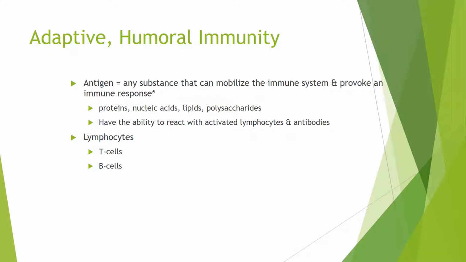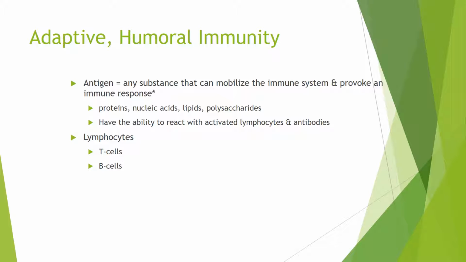Regarding the humoral immunity, what the body is looking for are different antigens. Antigens are something foreign to the blood or other bodily fluid that will initiate an immune response. This includes things like proteins, nucleic acids, lipids, and polysaccharides, and they also have the ability to react with other lymphocytes and activate them, as well as different antibodies.